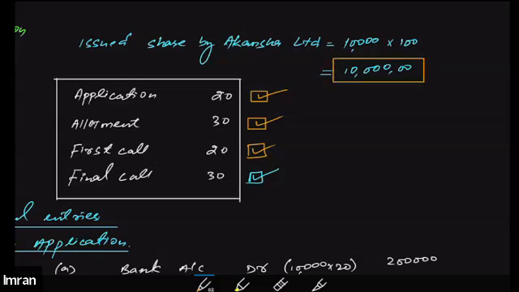We have issued 10,000 shares at rupees 100 each. That means total shares valuing rupees 10 lakh have been issued to the public. So just to calculate the total value of share issued to the public, we multiplied 100 with 10,000, so as to get an idea how much we wanted to raise from the public.